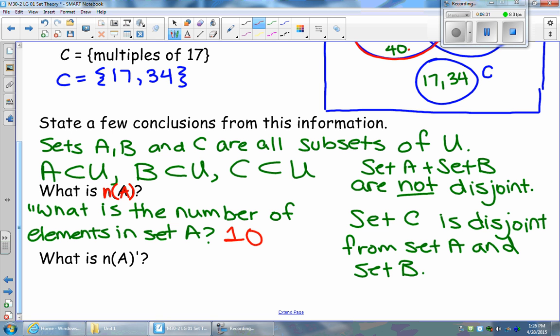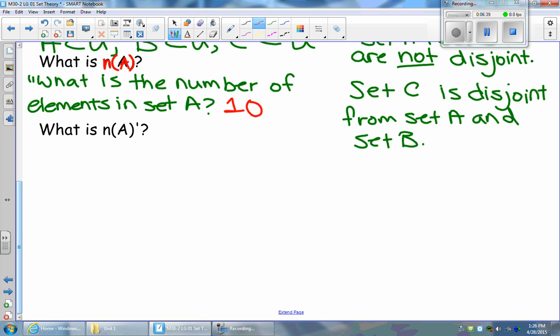The next question asks us, what is n of A prime, or what is the number of elements in the complement of A?